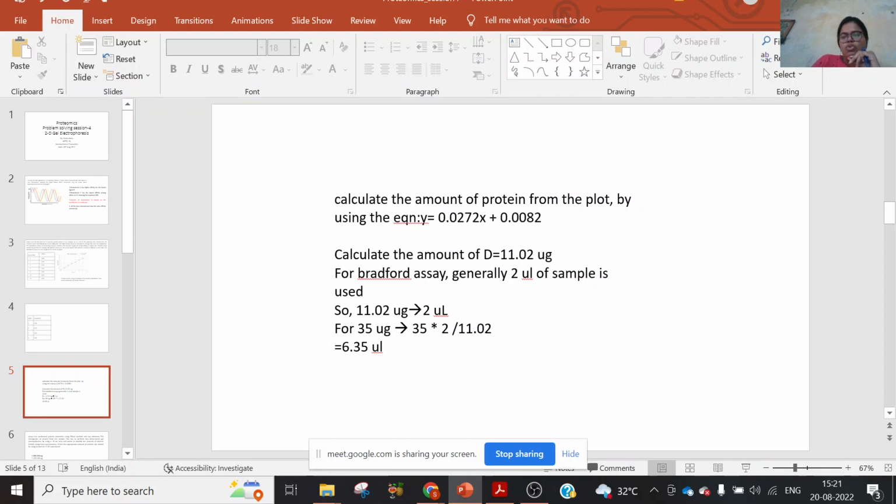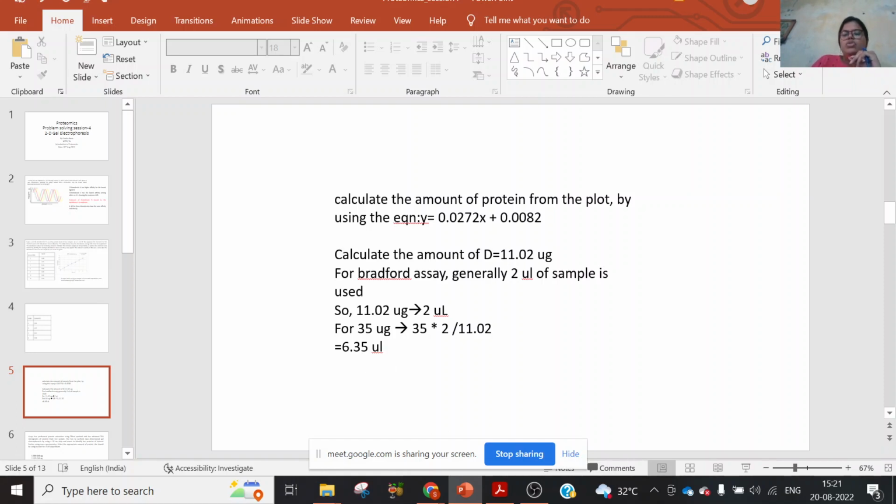If you want 35 micrograms of your protein sample, then what will be the volume? This is just a cross multiplication: 35 into 2 divided by 11.02, which is 6.35 microliter.